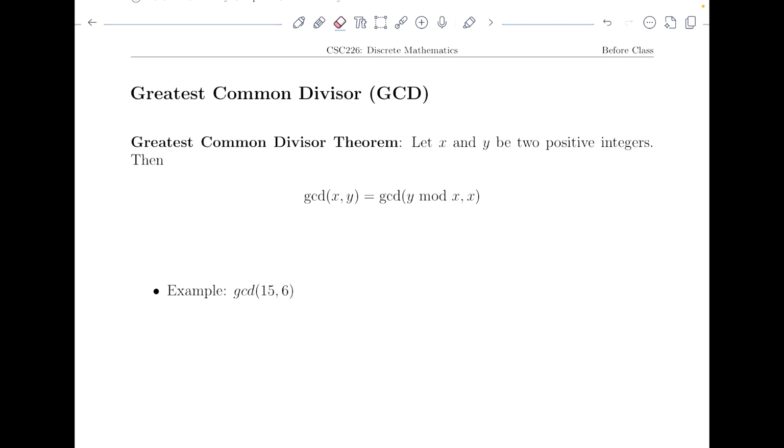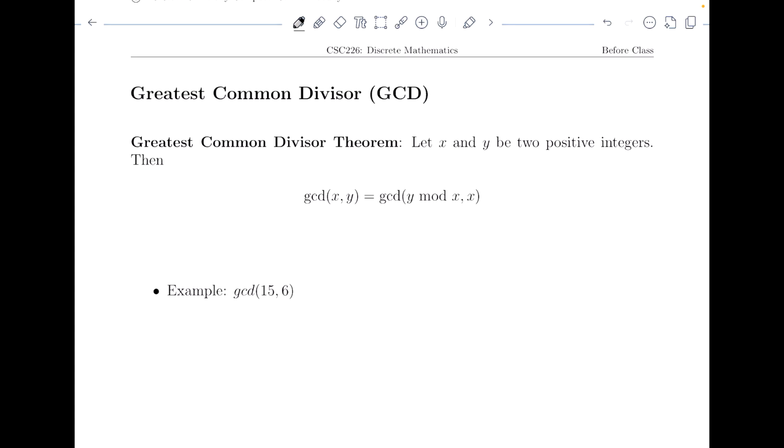So the first thing that I want to talk about in terms of number theory is thinking about the greatest common divisor. So if I have x and y, and those are two positive integers, then the greatest common divisor is the number that is the largest between the two of them that divides both. So what I'm showing here, though, is we have this algorithm where I'm going to continue to apply mod to the larger number until I get to 0.